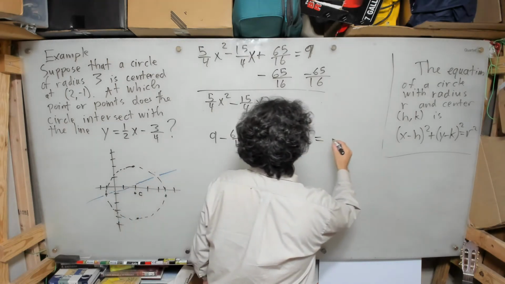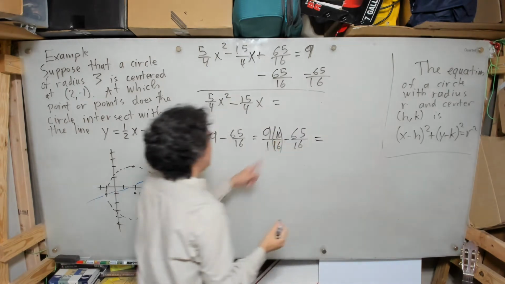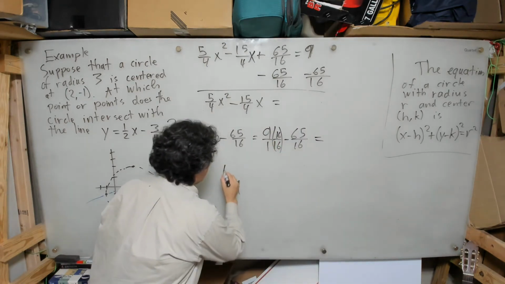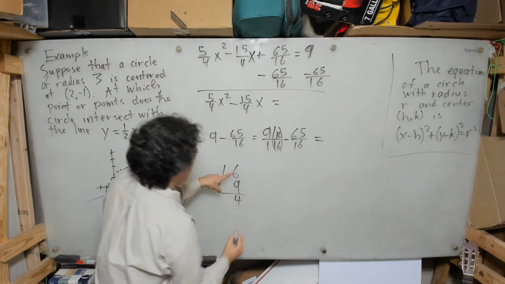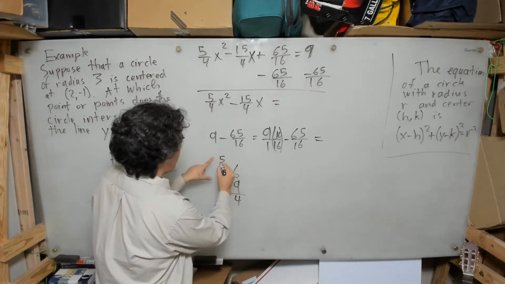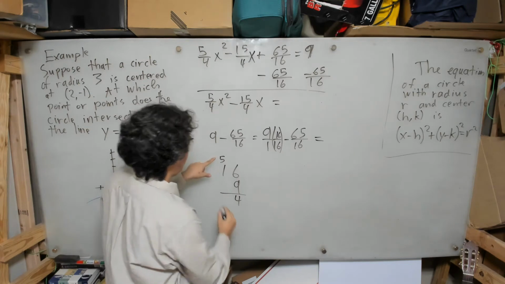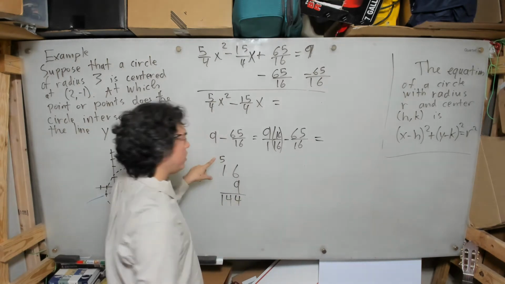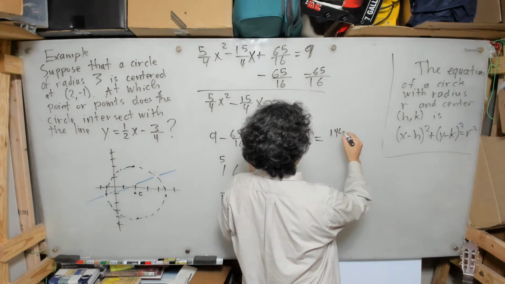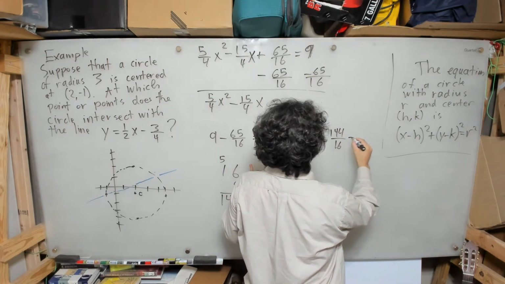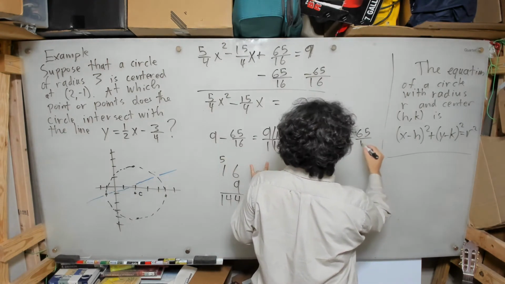So now, what is 9 times 16? 9 times 6 is 54. So I'm going to bring down the 4, carry the 5. 9 times 1 is 9, plus 5 is 14. Aha, it's 144. So I'm going to have 144 over 16 minus 65 over 16.